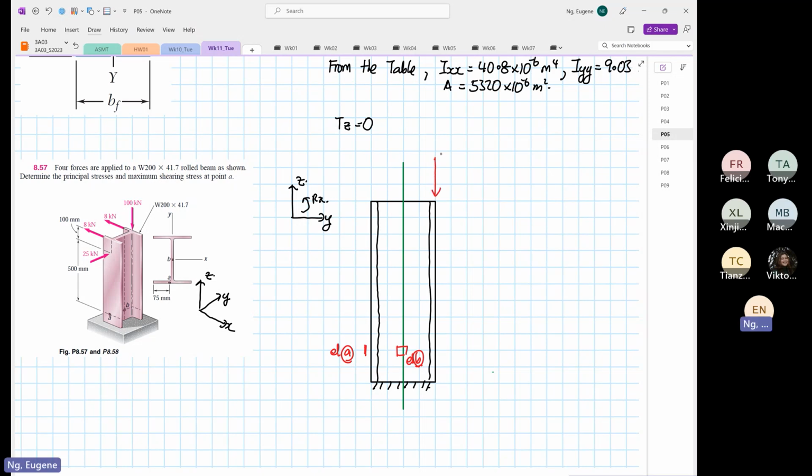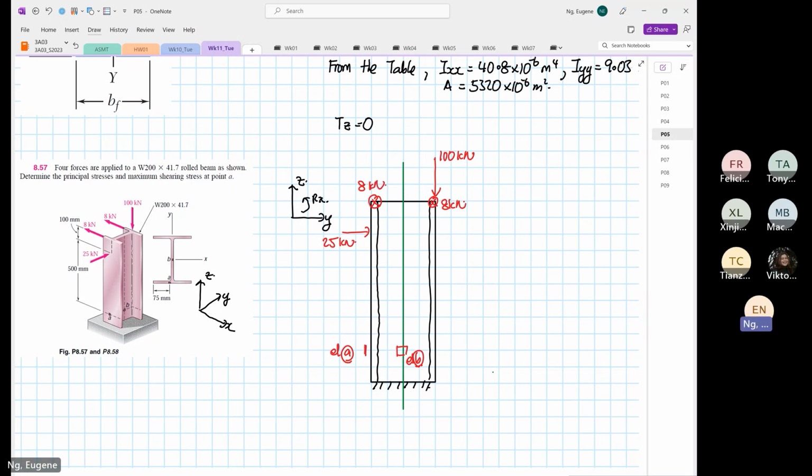You have 100 kilonewton over here. You have 25 kilonewton over here, right? And then you have 8 kilonewton per side.